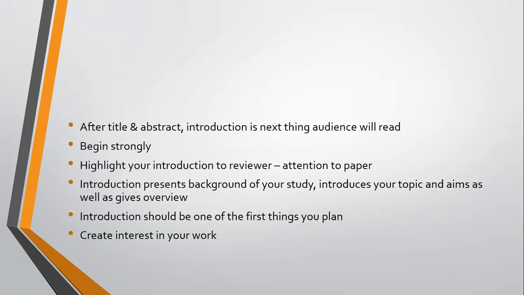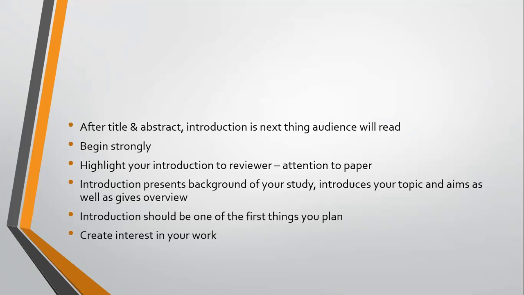The title obviously is a USP, a unique selling point of your research paper or protocol, which tends to convey the impact of what you want to go ahead with. The abstract is another aspect which gives a brief overview of what your study is, what your results are, and what your conclusions are.